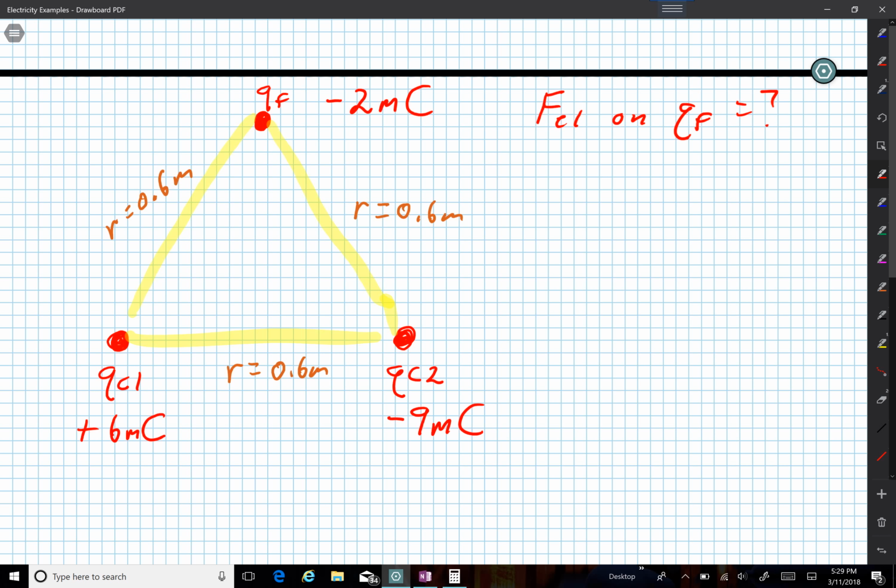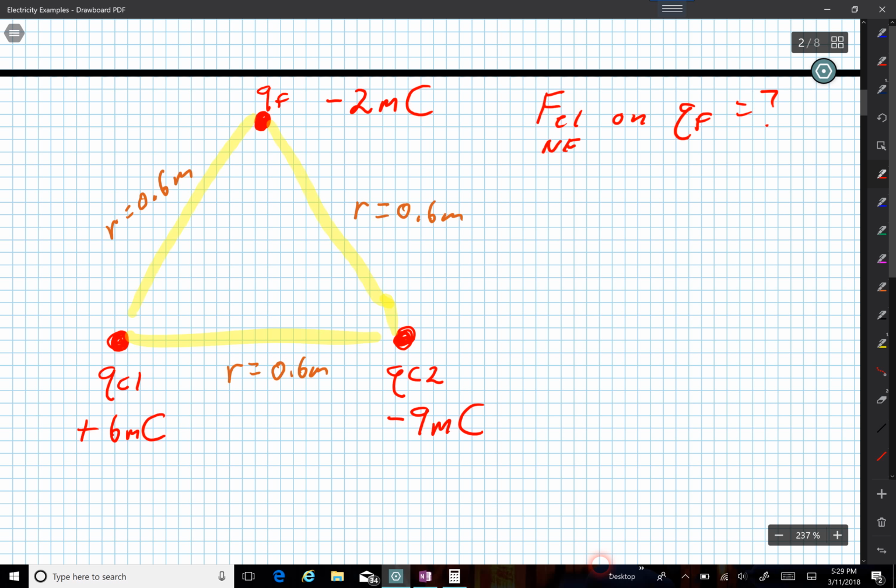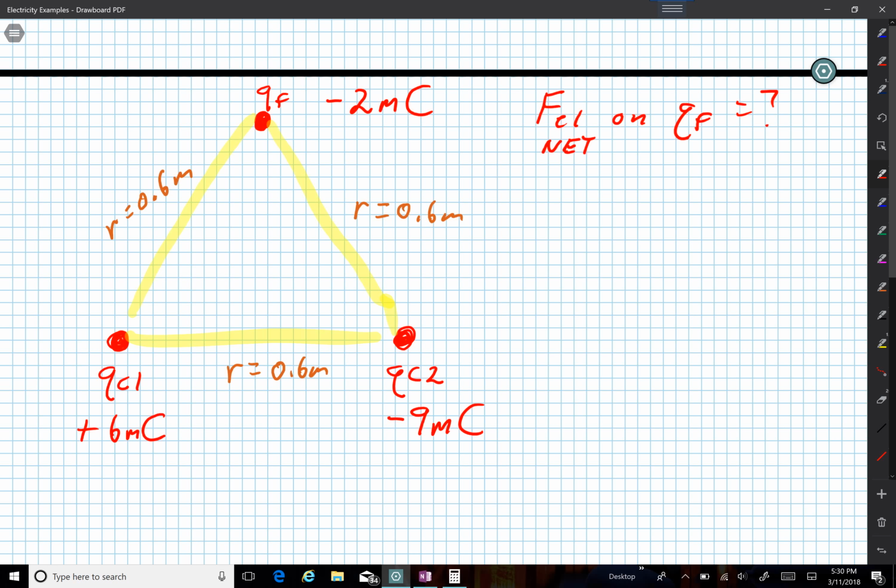Each one of those is going to produce a force on the field charge. So they must be asking me for the net. They may not say it, but I need to understand from the way the problem is set up and the way the information is given that they're looking for the net electric force on QF. Well, net force, that's something we've been doing for weeks. So I need to add vectors.